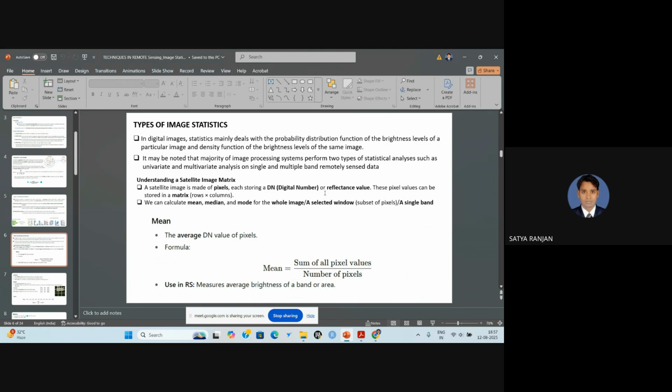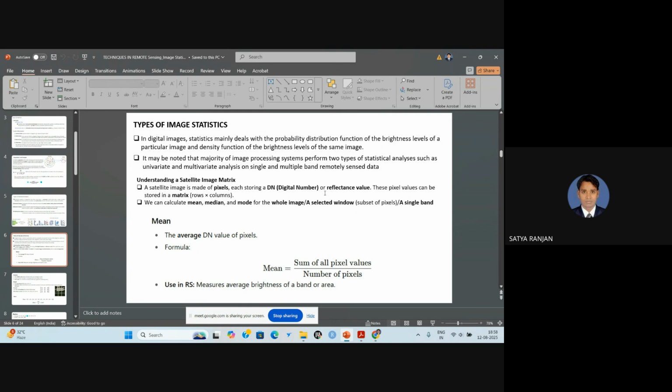Reflectance values are called DN values, and it is a digital number based on the bit depth of the satellite data. Suppose 8 bits, its maximum value is 2 to the power 8, that means the maximum value is 255, from 0 to 255. So if the reflectance is high, then the value is the maximum, 255.